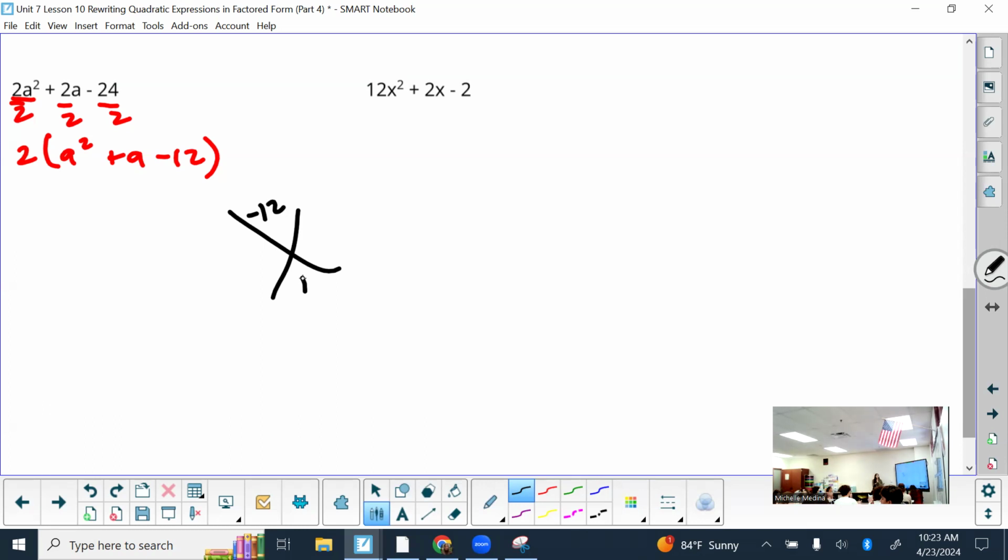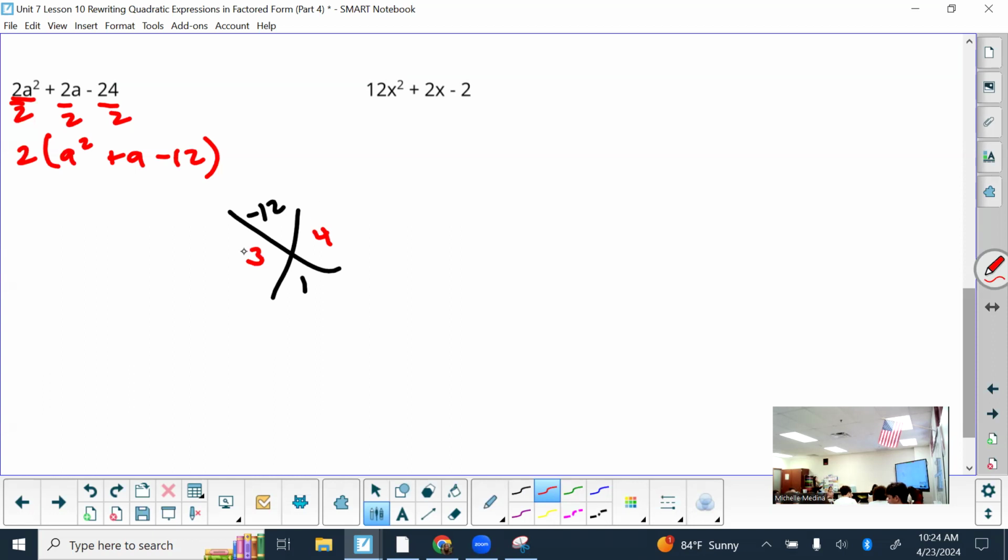Would 1 and 12 ever possibly work? Would 2 times 6? So 3 times 4? There's no other numbers that multiply to 12, so. If it multiplies to a negative, one of them has to be negative. Which one, if it's going to add to a positive?